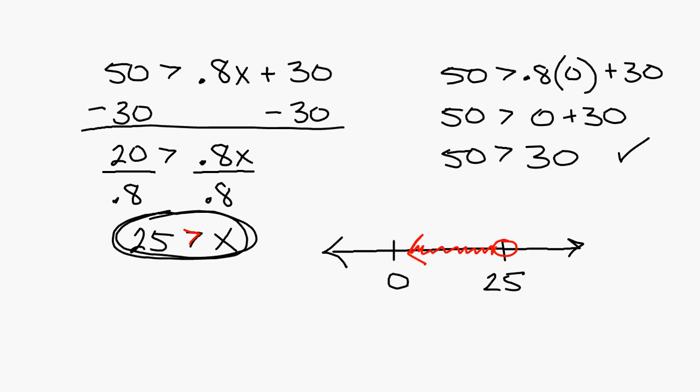All right, you're going to have some problems on your assignment today where you have to use the distributive property. So 3 times t plus 1 minus 4t greater than or equal to negative 3.